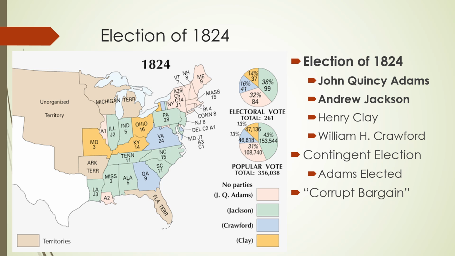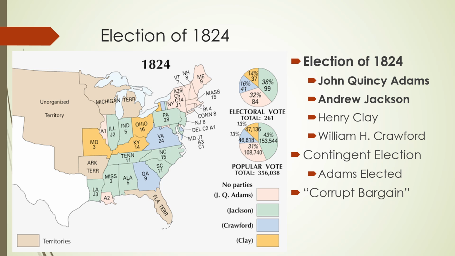And in the North, Adams mostly takes the North, but there's a little bit of Clay in there, a little bit of Jackson. So anyway, the problem is, and it's not really a problem because the Constitution never wanted parties to begin with, there was a plan for how to fix it if this ever happened.